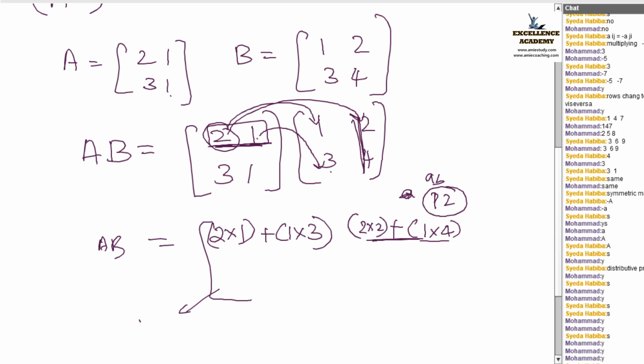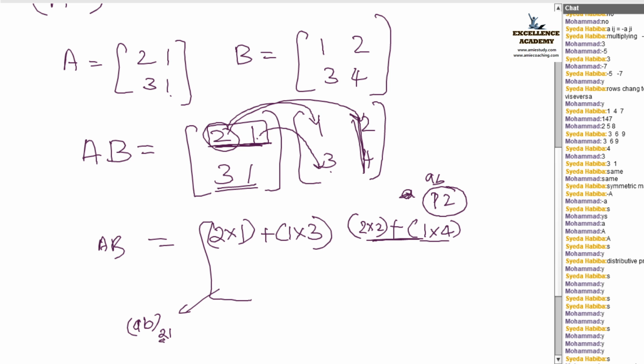Yes. Next, what about this one? This is AB 2,1. Therefore, what should you do? You should multiply the second row with the first column. Therefore, it will be 3 into 1 plus 1 into 3.